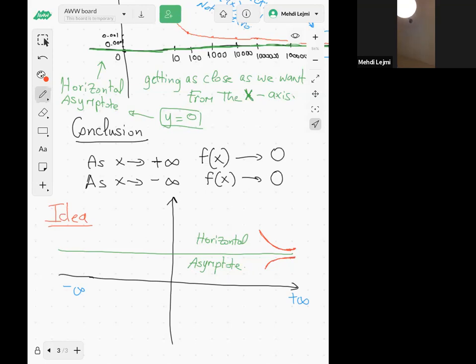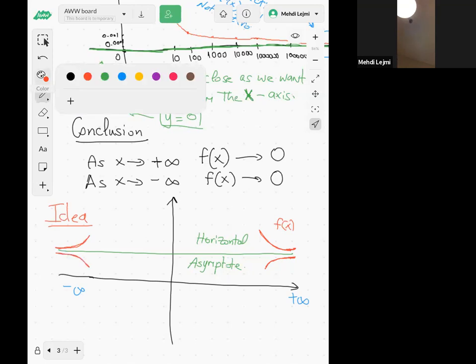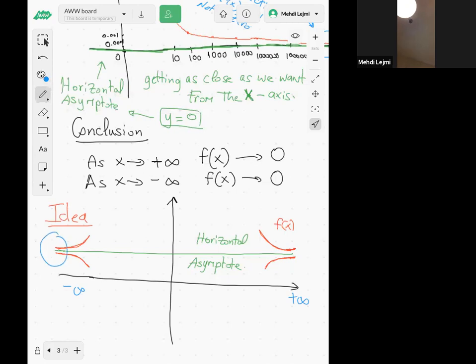So this is your graph, this is f of x. Or at negative infinity, you could have something like this here. So if you have a horizontal asymptote, you're going to have something like this. That's what I call a horizontal asymptote. Again, the graph doesn't touch it. You are not allowed to touch the horizontal asymptote.